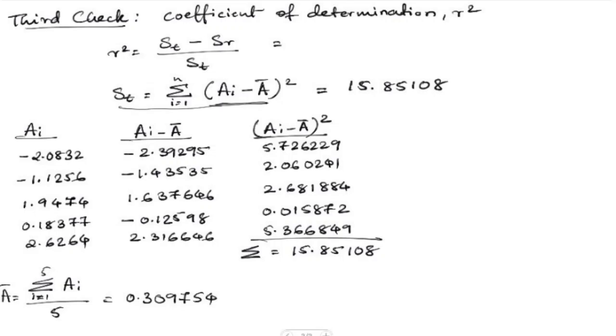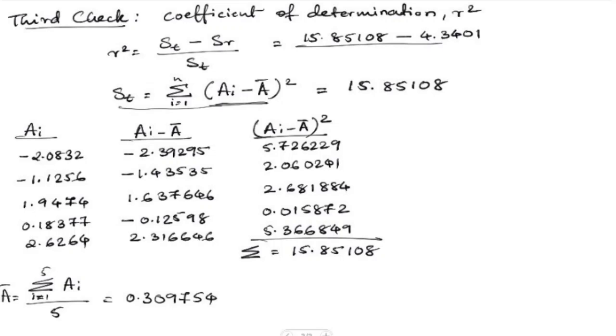So we have here S sub t, which is 15.85108 minus S sub r, which we got previously in the second check, and the value was 4.3401.